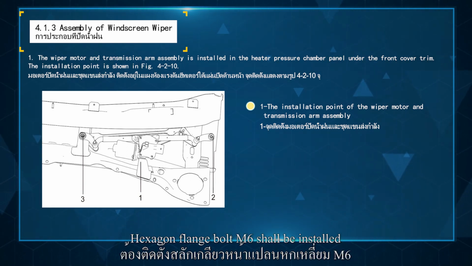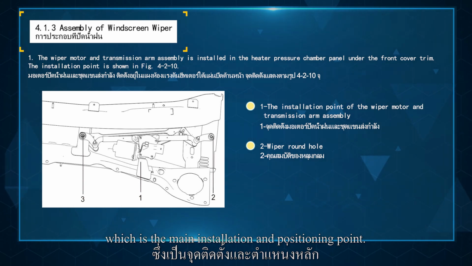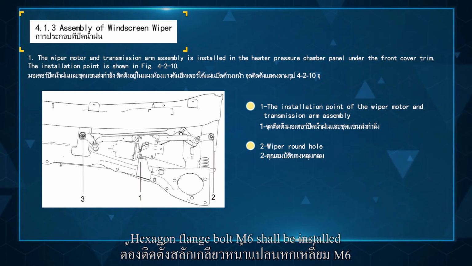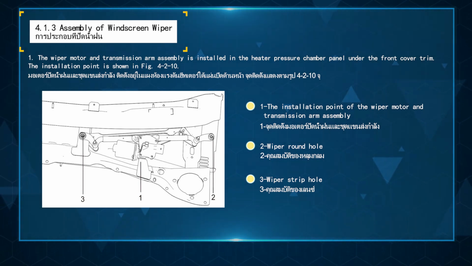Hexagon flange butt M6 shall be installed in round hole circle 2 of the wiper, which is the main installation and positioning point. Hexagon flange butt M6 shall be installed in the strip hole circle 3 of the wiper.